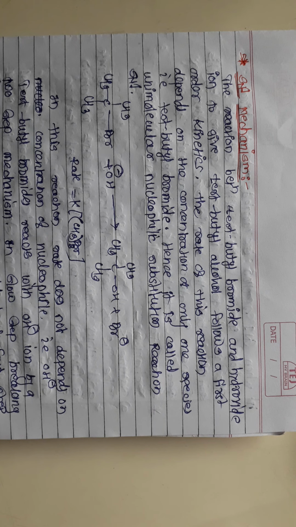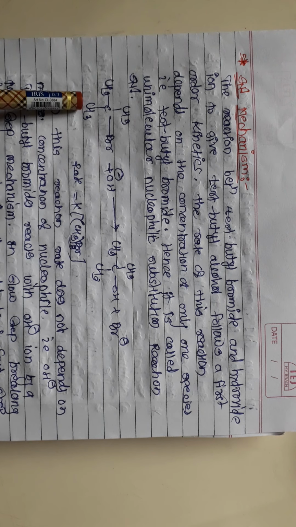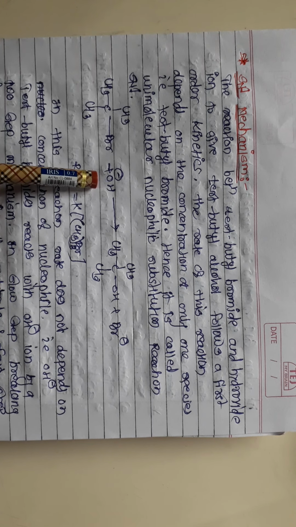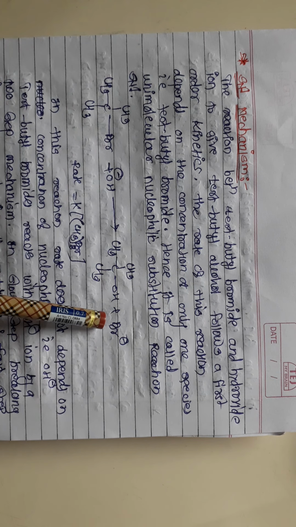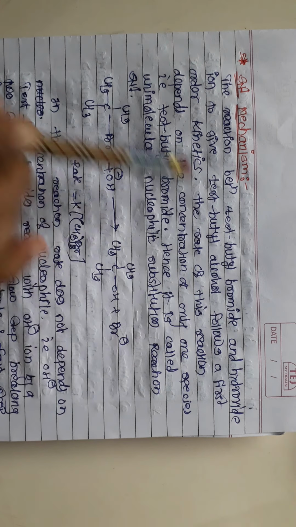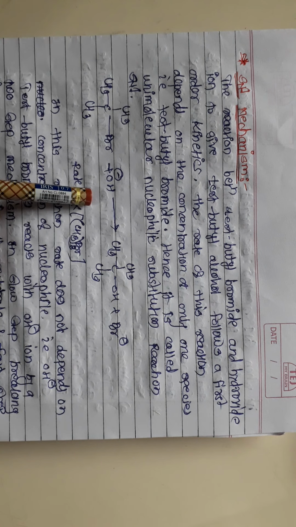In this mechanism, tertiary butyl bromide reacts with hydroxide ion to give tertiary butyl alcohol and bromide ion. This reaction is only a first order reaction.